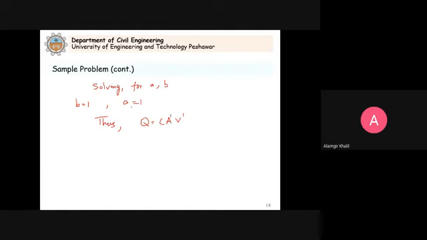This is A here and this is V here. So we get Q is equal to AV. This is the functional relationship that you get for C equal to 1.